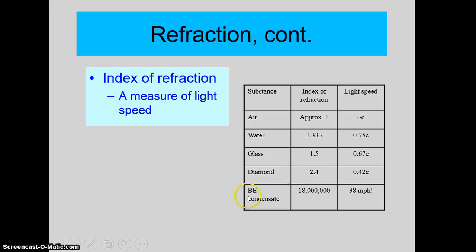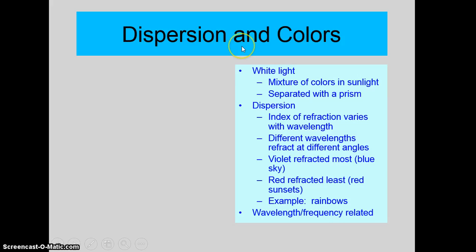There are some materials called Bose-Einstein condensates where we can actually reduce even more nowadays. This is an older slide, but we can reduce the speed of light by increasing the index of refraction so much that it'll slow down the speed of light to walking speed.